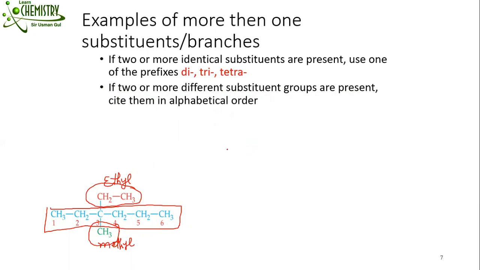So first I will write the number of this branch, that is, it is located on carbon number 3. So I will write 3-ethyl, and after that I will write 3-methyl.